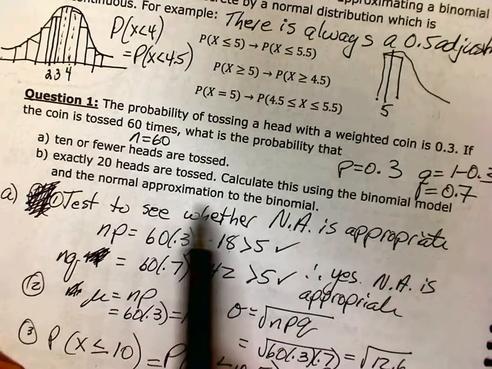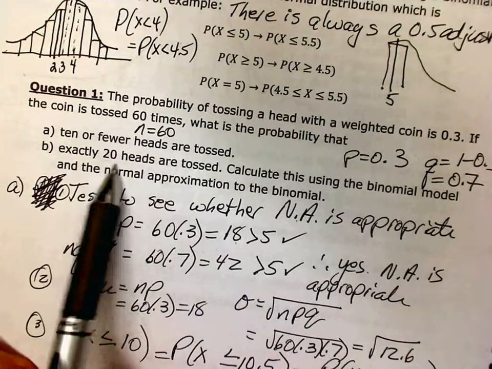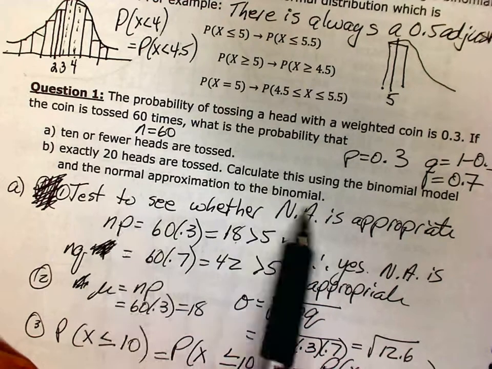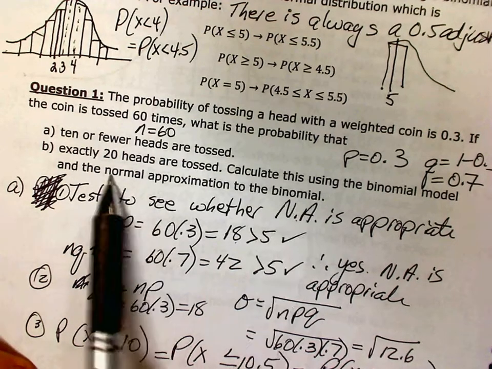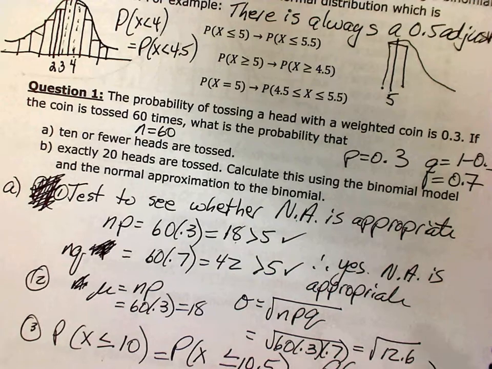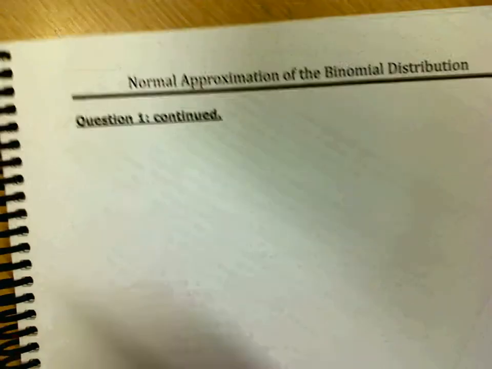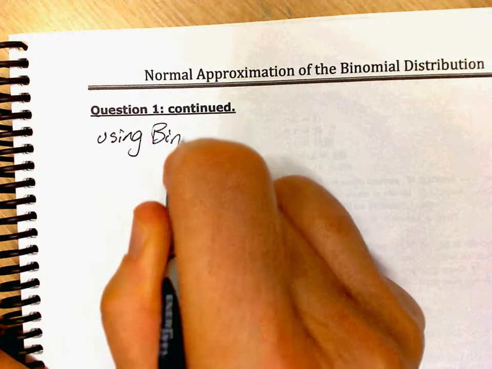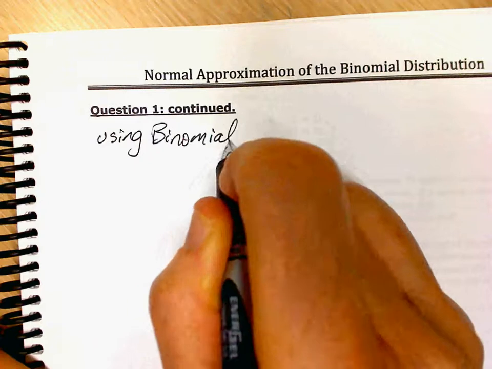Okay, we're going to do part B. We're going to calculate exactly 20 heads using the binomial model and the normal approximation. We're going to see how different our results are. Using binomial, we want the probability x equals 20.